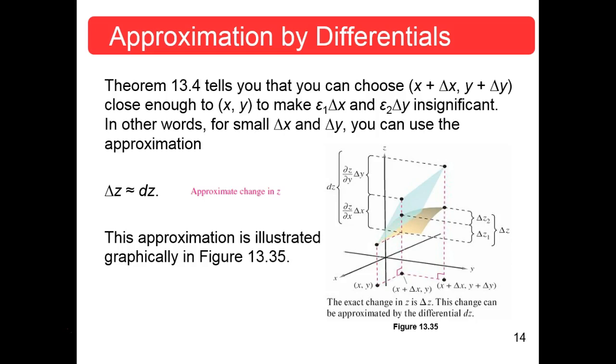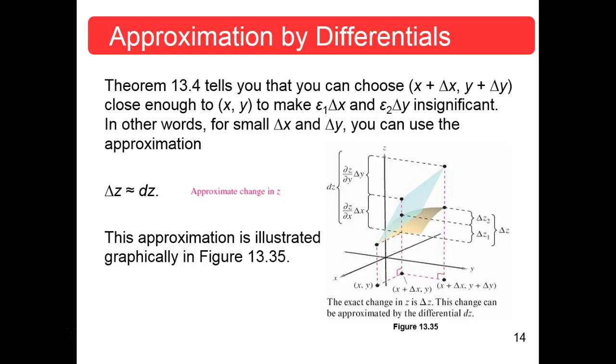But your dz's, and again, we go from this point, which is your x, y, to x plus delta x. So this part right here, like I had before, is your partial z with respect to x delta x, which is expressing what you're doing with the delta z1 here, okay? This is, of course, taller than that.